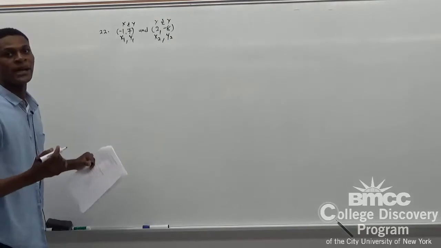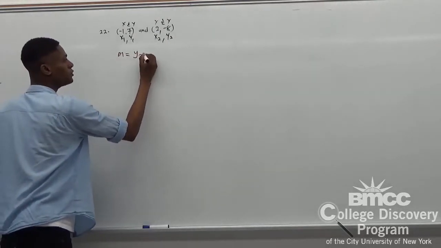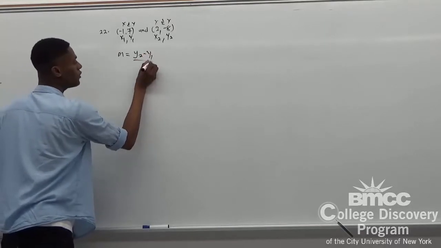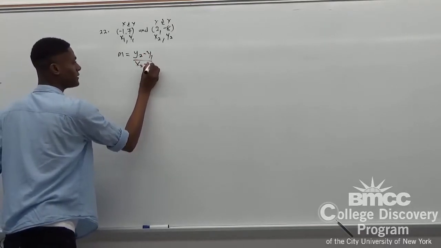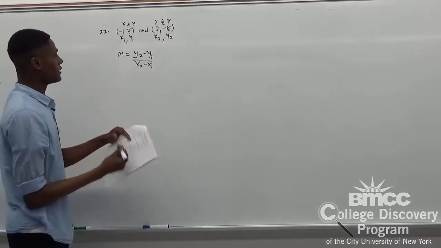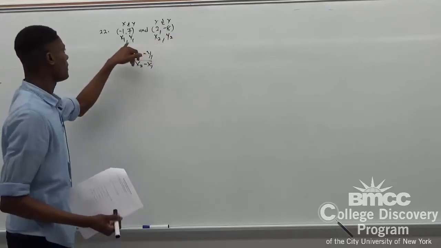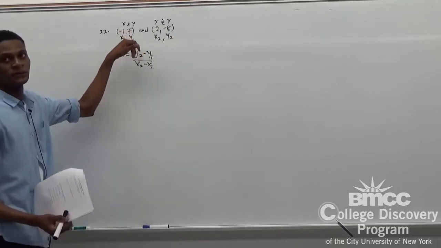And the slope of a line has the formula m equals y2 minus y1 over x2 minus x1. So now my y2 is -8 and my y1 is 7.